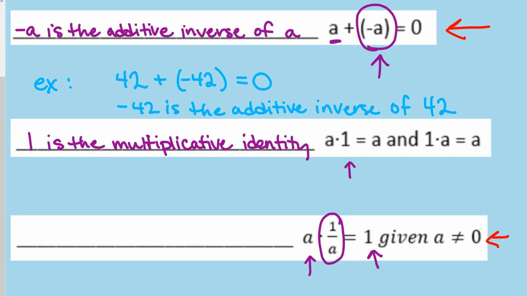That's right, multiplicative inverses. So 1 over A is the multiplicative inverse, which is also the reciprocal of A. Oops, I left out a letter there. All right.